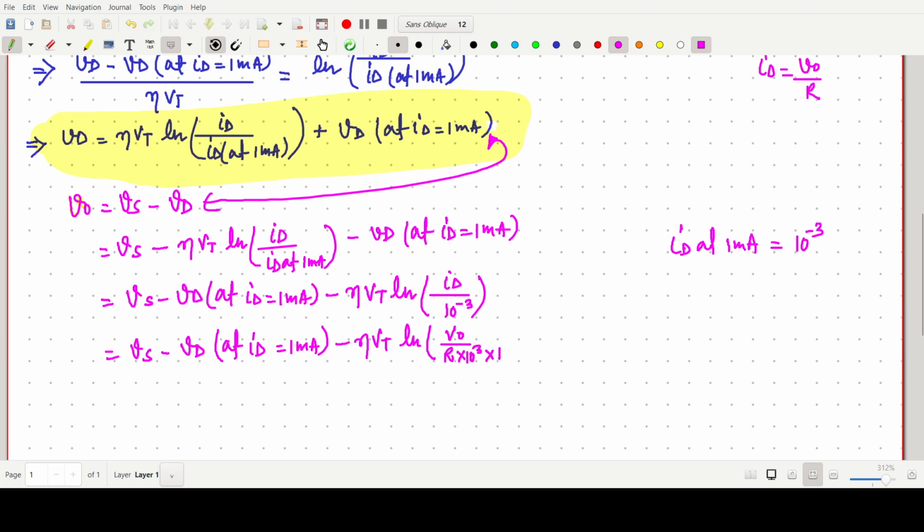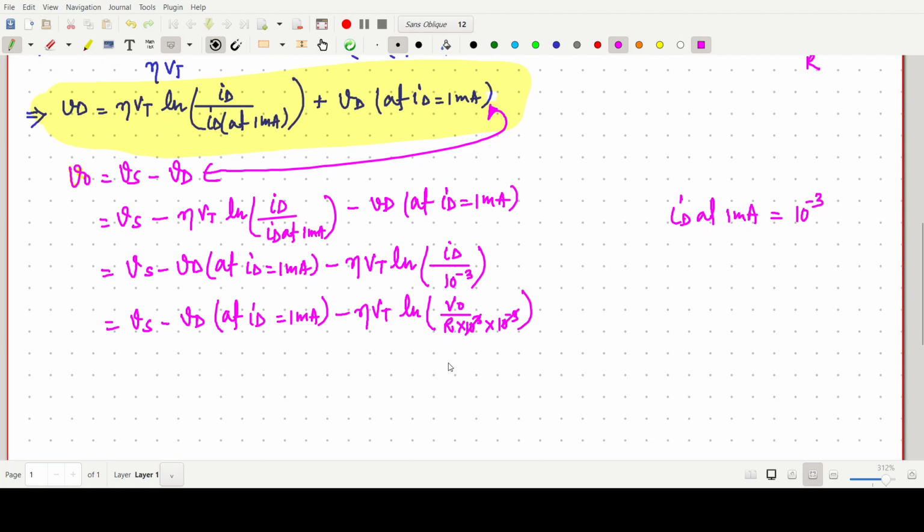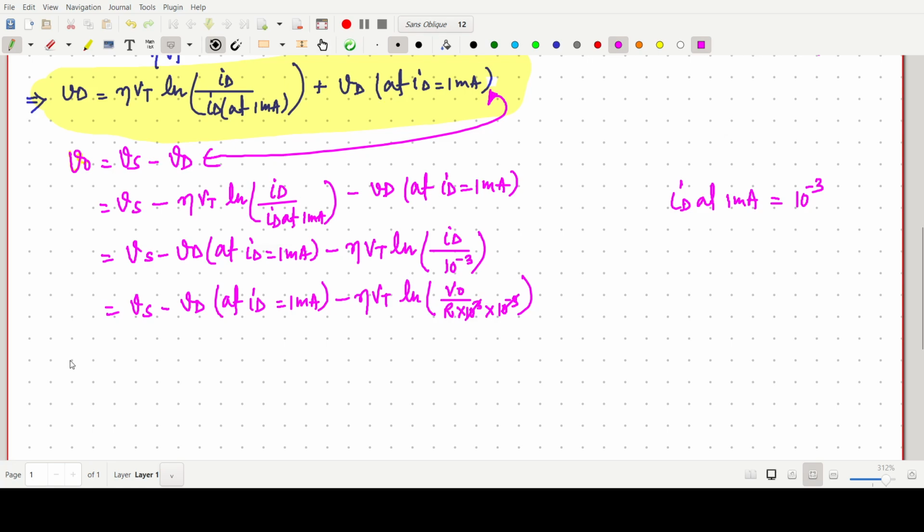Okay, so we can write like this. So this should be cancelled out. So finally V naught equals Vs minus Vd at Id equals 1 milliampere, keeping eta 1, because in the proof the eta value is not given, so we are assuming eta 1.